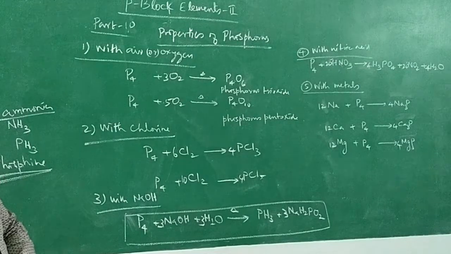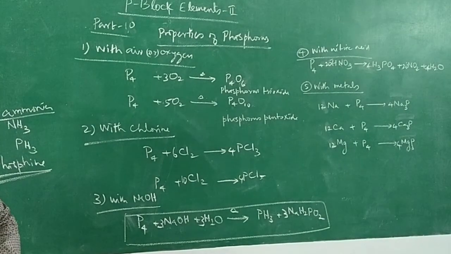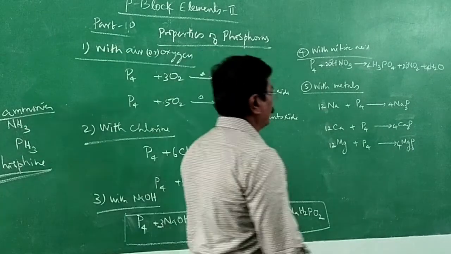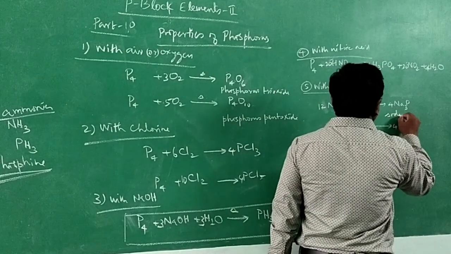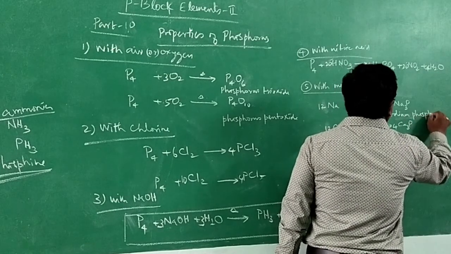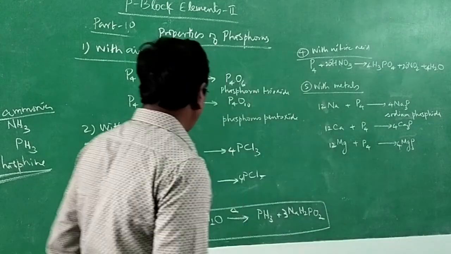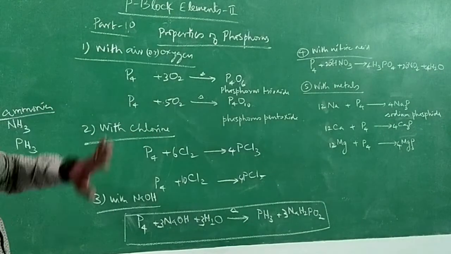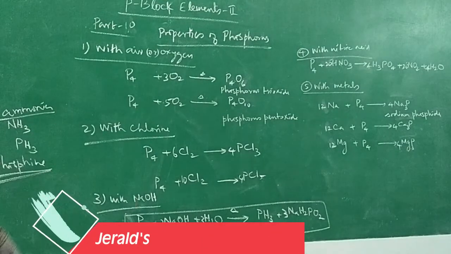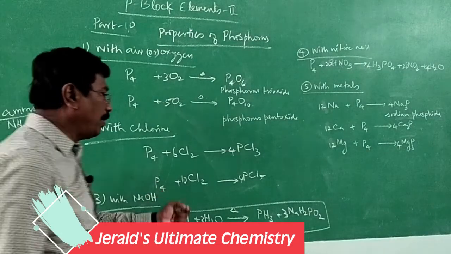With sodium, it reacts vigorously. With calcium and magnesium, it reacts a little bit less vigorously to give metallic phosphides: sodium phosphide, calcium phosphide, magnesium phosphide. The name ends with IDE. So, what are the things we have seen? It burns in air to give trioxide and pentoxide. With chlorine, trichloride and pentachloride. With sodium hydroxide, phosphine and sodium hypophosphite.